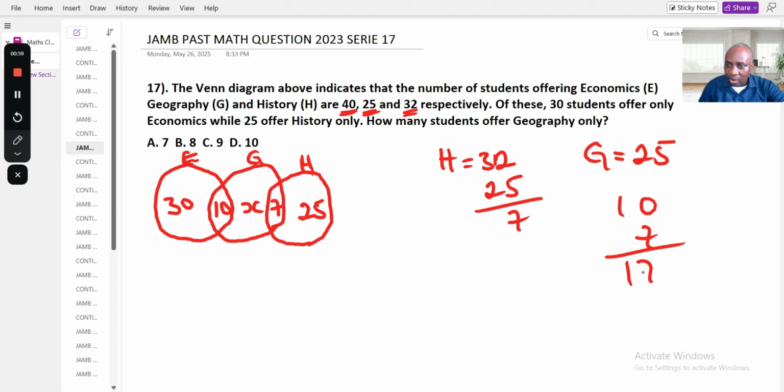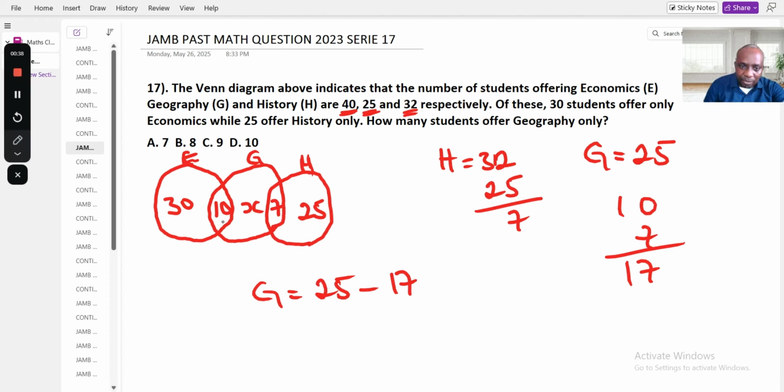They are all 17. Therefore, to know the people that did only geography, we are going to remove 17 out of 25. It's going to give us 8. We just say the people that did only geography is going to be 25 minus 17.